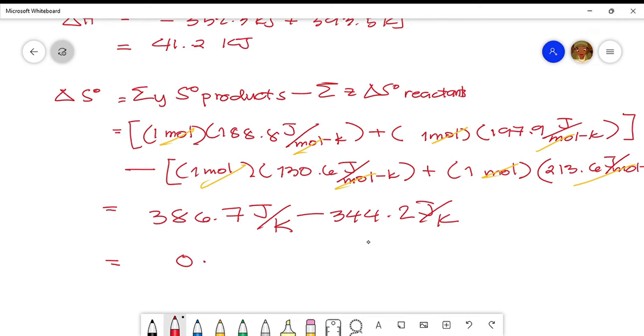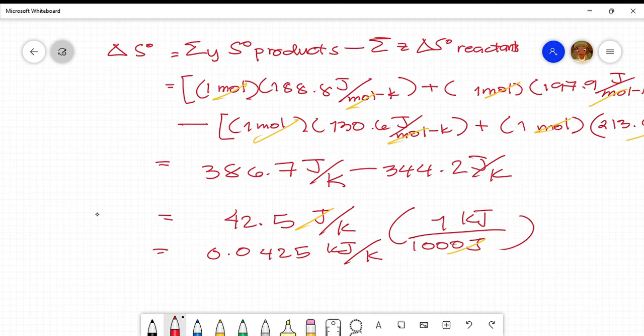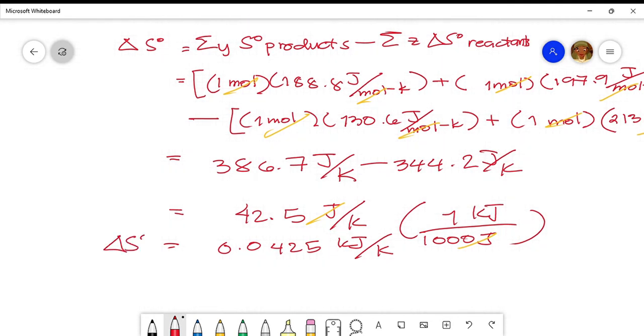We first have 42.5 joule per Kelvin, but we want this to be kilojoule per Kelvin, so we multiply this by 1 kilojoule is equivalent to 1000 joules. So we cancel this one, and then we'll have 0.0425 kilojoule per Kelvin. That's how you solve for the standard entropy change.